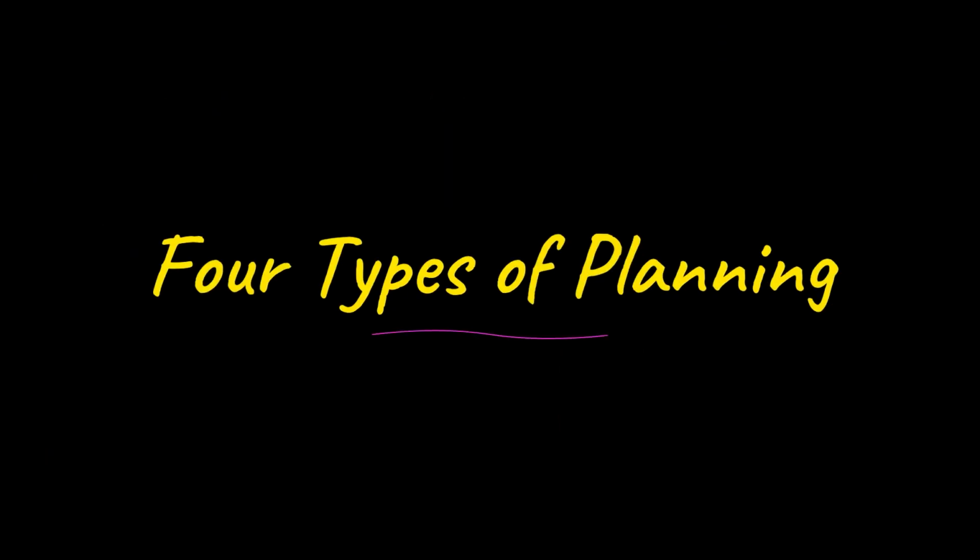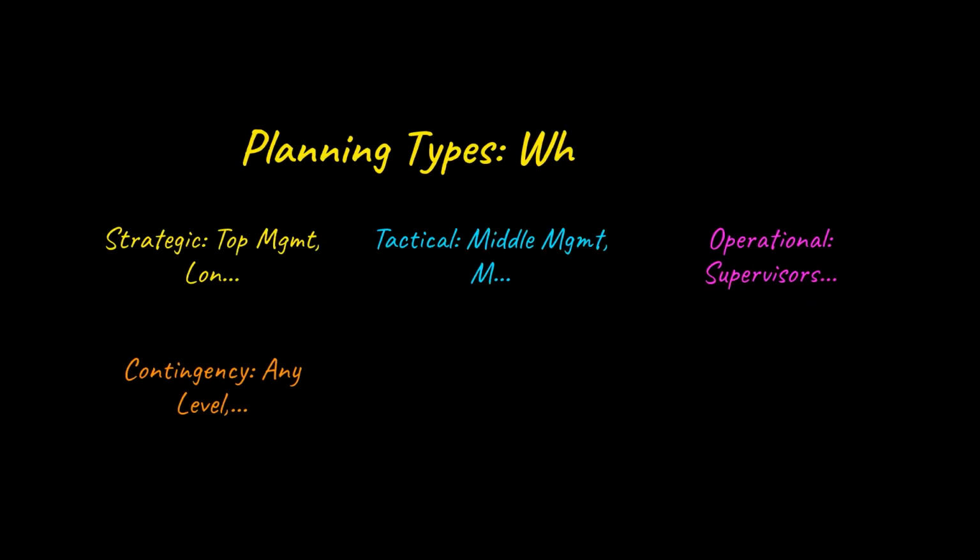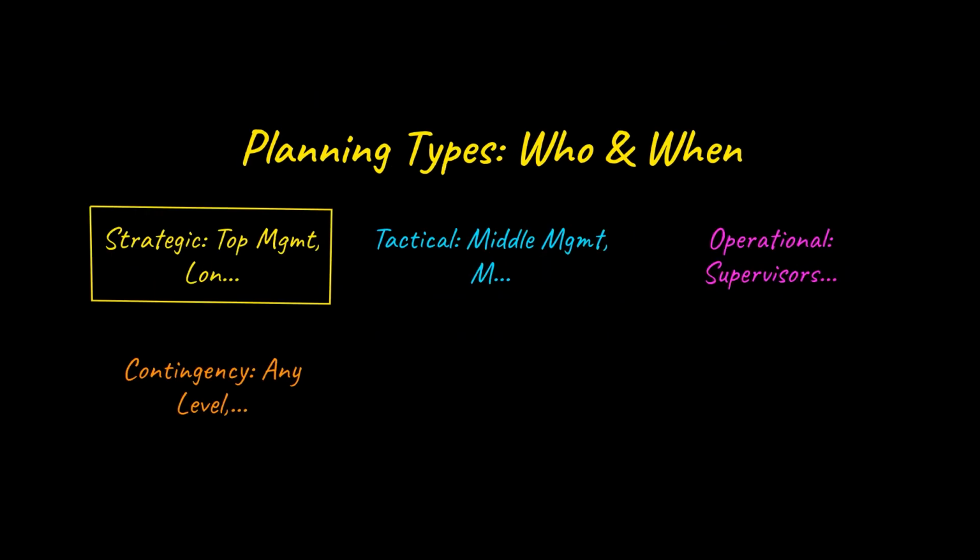Planning is the first of the 4 management functions, and it happens at every level of an organization. There are 4 distinct types: strategic, tactical, operational, and contingency, each matched to a different manager and a different time horizon. Strategic planning is done by senior executives setting the company's overall direction over years.